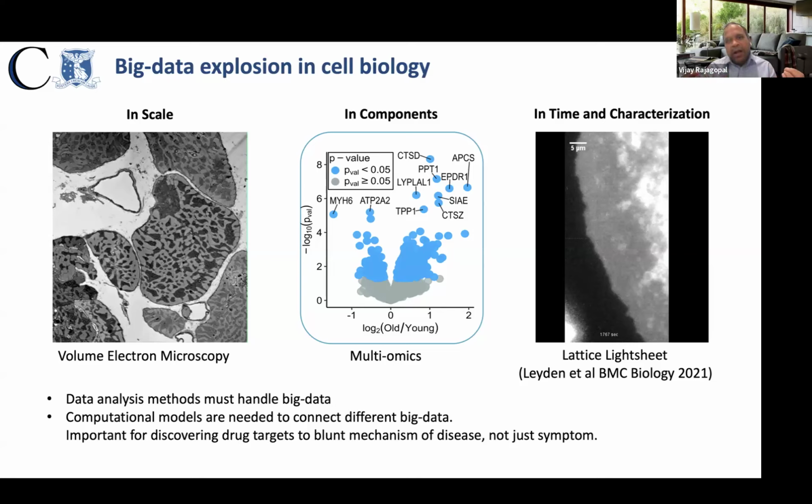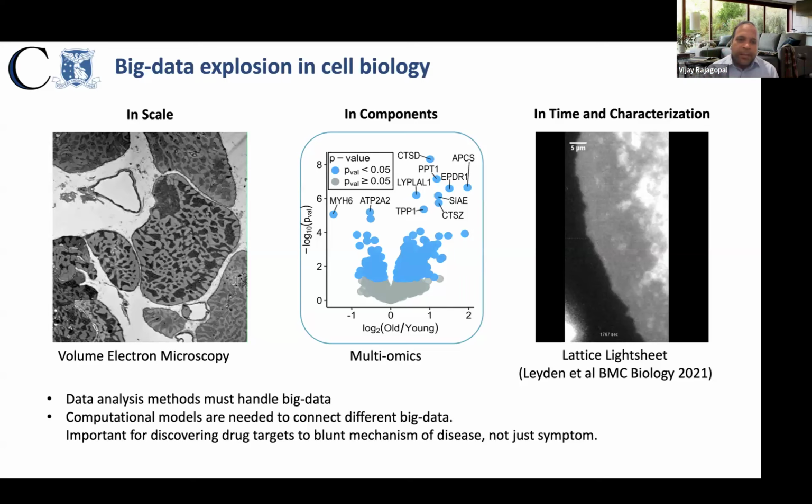Understanding data sets is one aspect of science. Being able to connect the dots between those data sets to understand physiology is the next level challenge.